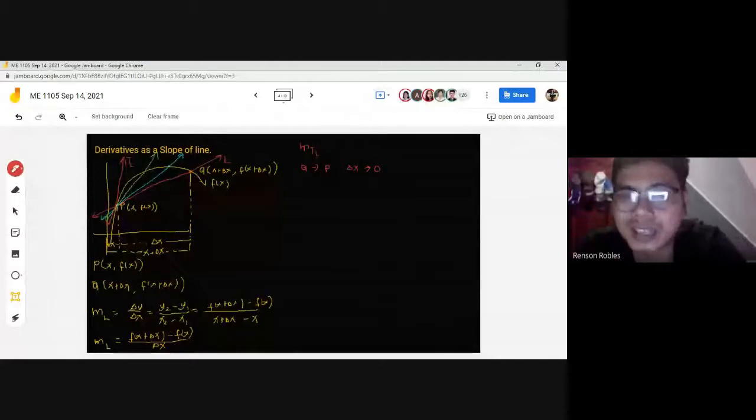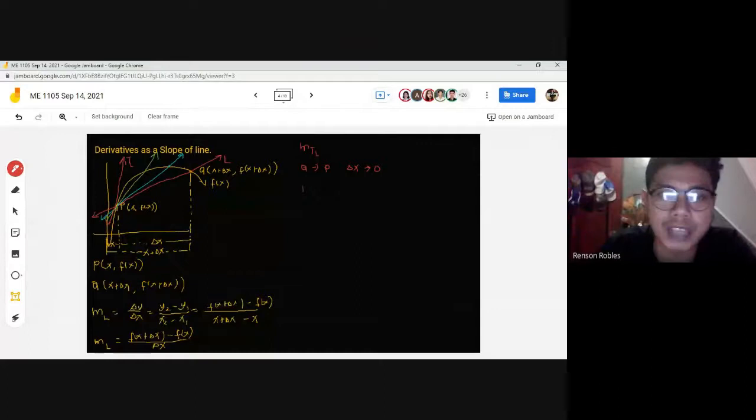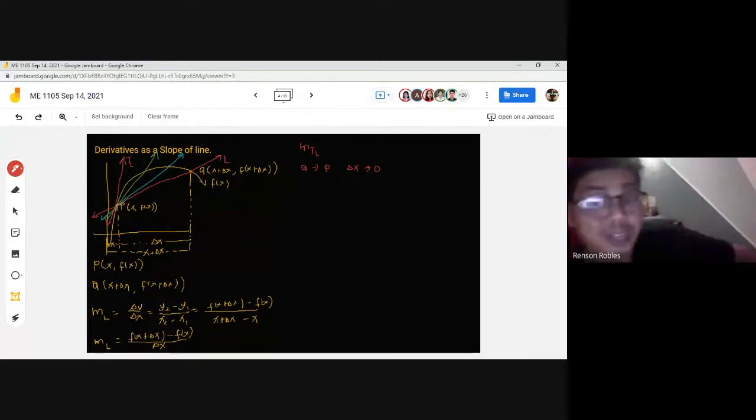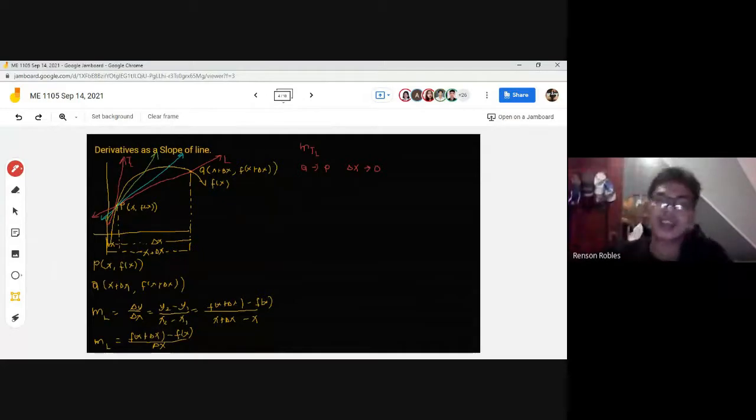Now, if we want to get the equation of the slope of the tangent line, we say that as point Q gets nearer and nearer to point P, your delta x gets smaller and smaller, and it approaches 0, to the point that your delta x is, say for example, 0.000000000001.